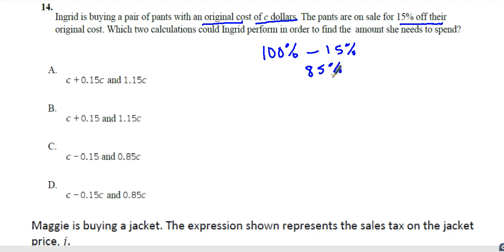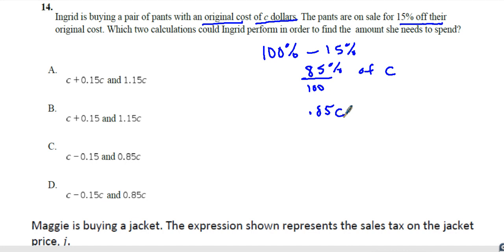So 85% of the original cost. So 85% of C. If you divide this by 100, that would be 0.85 times C. So 0.85C. That's one way that you could have done it.